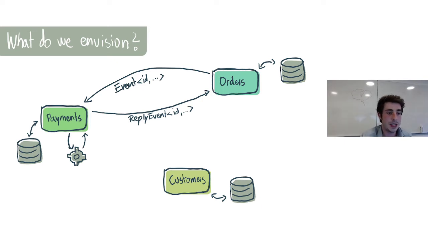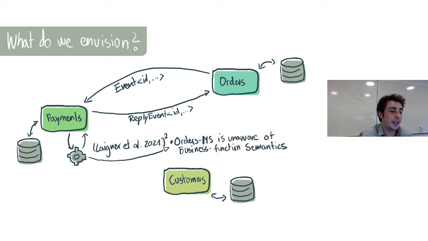As a motivation here, look at when the orders microservice contacts the payments microservice by sending an event, and the payments microservice replies with an event. Then a function gets triggered in the payments microservice which does something. But what this function is doing inside the payments microservice is not observable for the orders microservice.